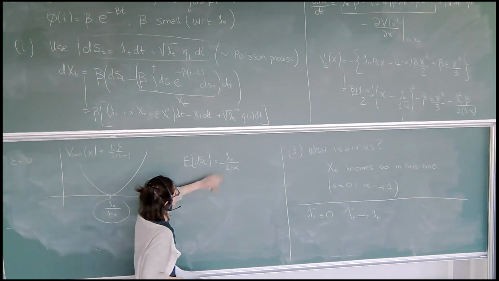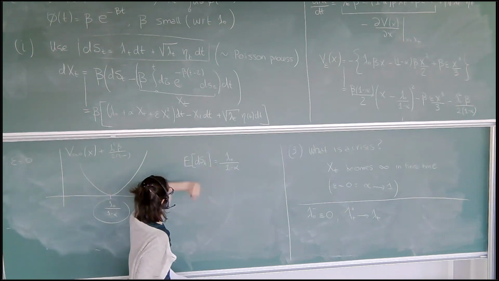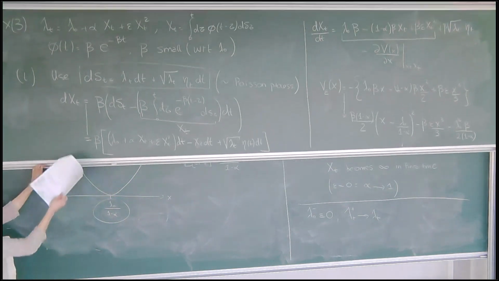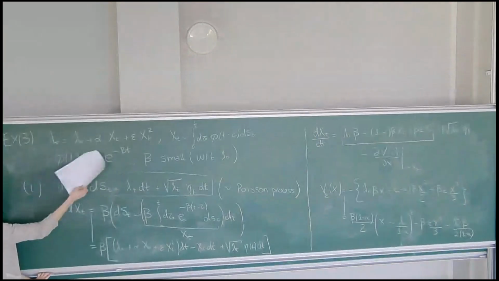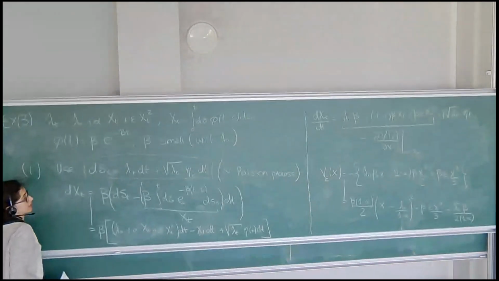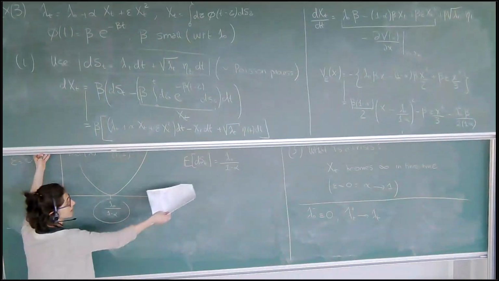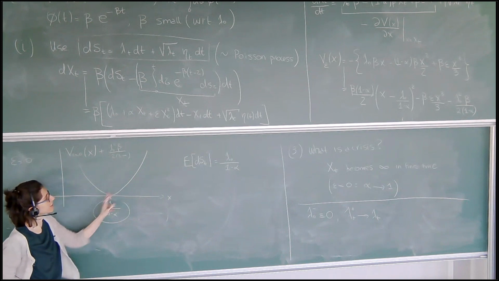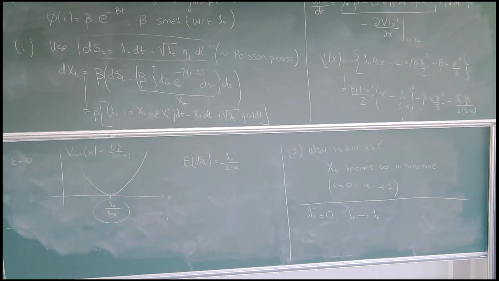So there was, if you remember, a discussion about the process being stationary for alpha smaller than 1. So the value at which this rate eventually converges was related to this expression in here. And this is good, because what we recover with this potential description is precisely this.